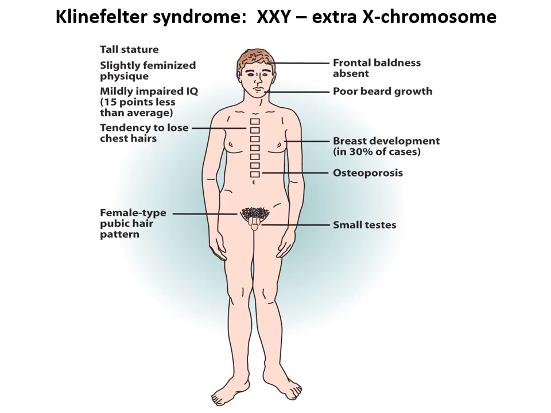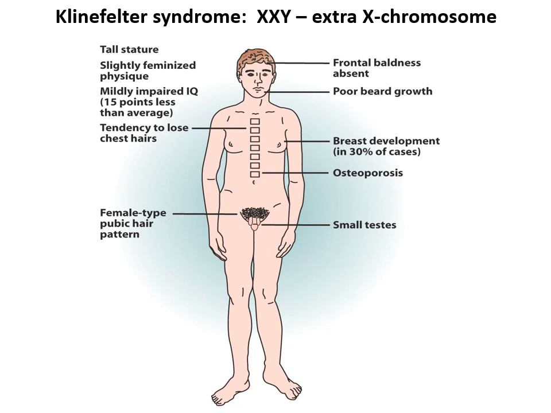Okay, so here's Klinefelter syndrome, and often some of these characteristics are noticed at puberty, right? So let's start on the right. Absence of frontal baldness. Well, they have an extra X chromosome, so they may not have typical male pattern baldness.